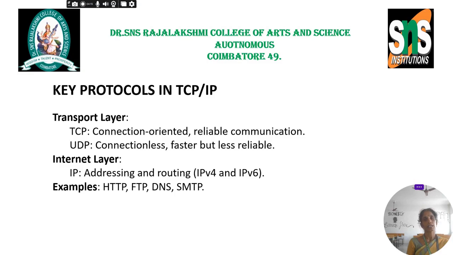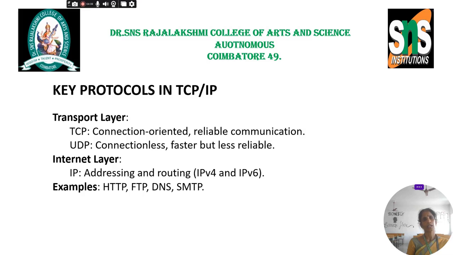Key protocols in TCP/IP. In TCP/IP, there exists a layer called the transport layer. This layer is responsible for providing reliable transmission. For that it uses Transmission Control Protocol. It is a connection oriented and reliable communication. UDP is connectionless, but it is fast and unreliable.